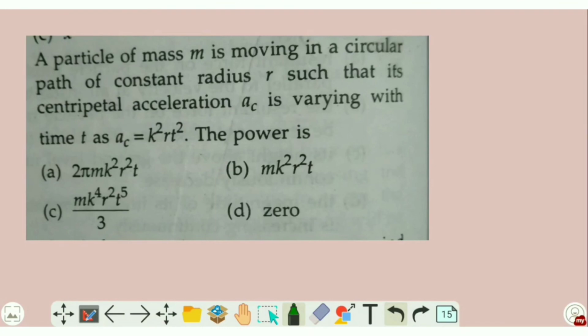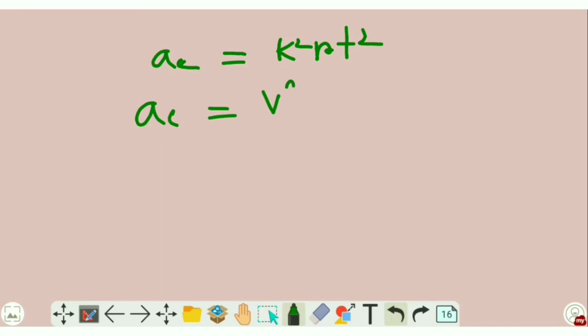First read the question. A particle of mass m is moving in a circular path of constant radius r such that its centripetal acceleration AC is varying with time t as AC is equal to k square r t square. The power is equal to what? Okay, we all know AC, the centripetal acceleration, is equal to v square by r, where r is the radius and v is the velocity.